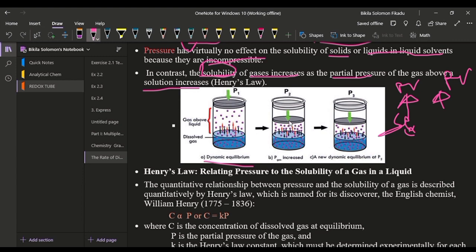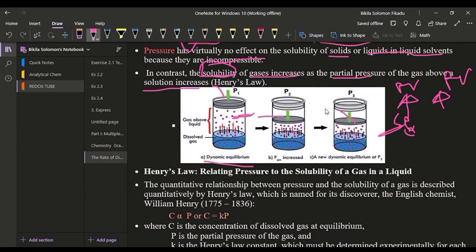Gaazii liquidii olitti jira jechuudha. Or this is gas. In this case gaaziin eessa jira? Middle jira jechuudha. So this is a new dynamic equilibrium at P3. So inni jala jiru kun warreen jala dissolved gaasiidha. Inni as gidduu jiru kun maal jechuudha? P3 or yookaan immoo gaasii jechuudha.